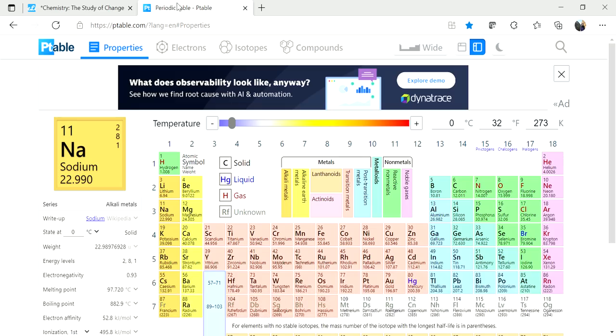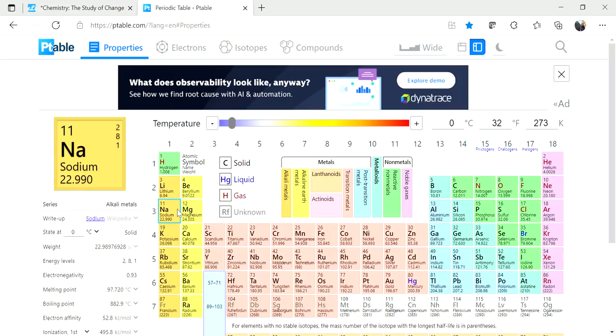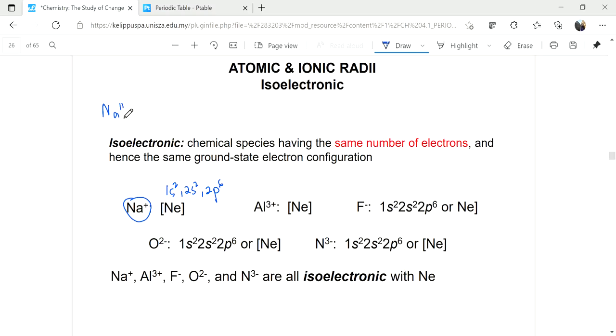Neon has 10 electrons. So the electronic configuration for neon is 1s2, 2s2, 2p6. For the sodium ion, sodium has 11 electrons.